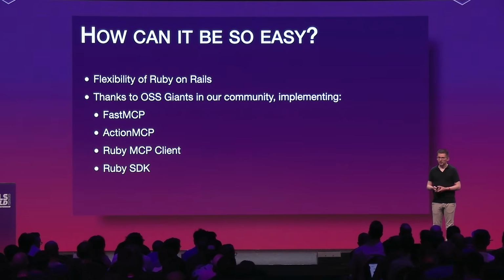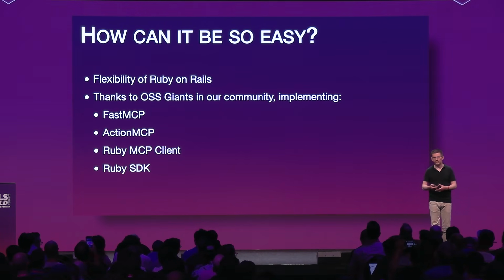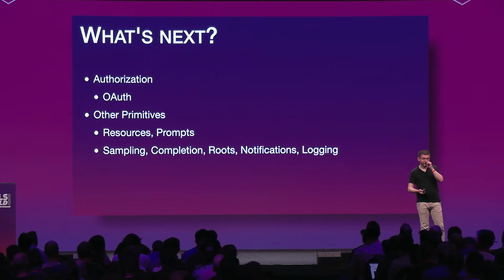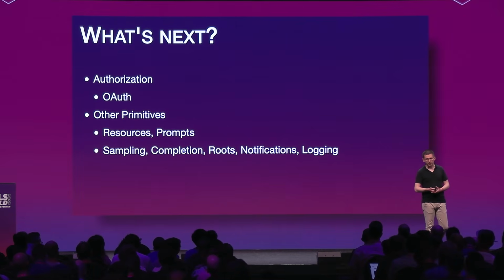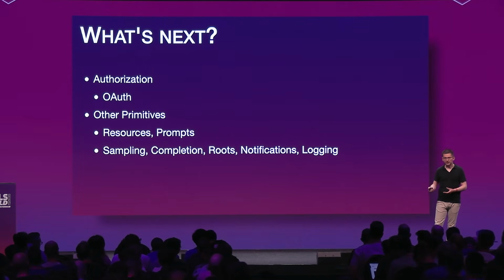And of course, the official Ruby SDK is maintained by yet another team. And in fact, the official MCP Ruby SDK is what powers the template that I've shown you. So big thanks to them as well. So what's next? Of course, we are just playing around with a blog application, but what comes next is authorization.